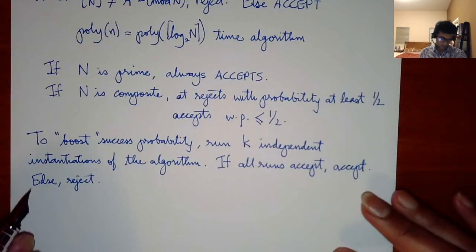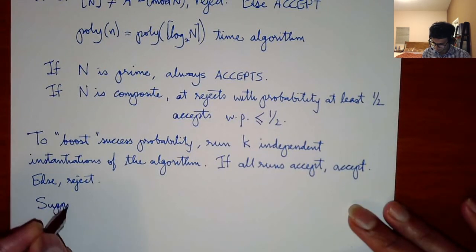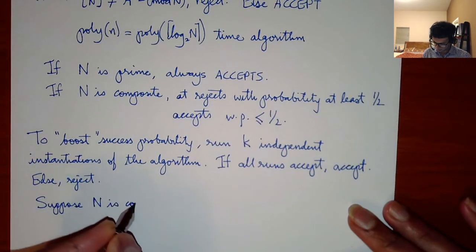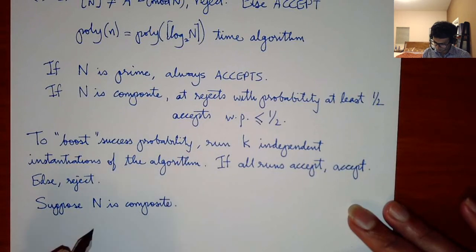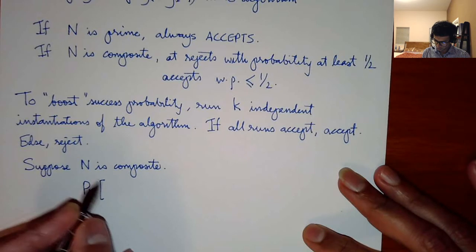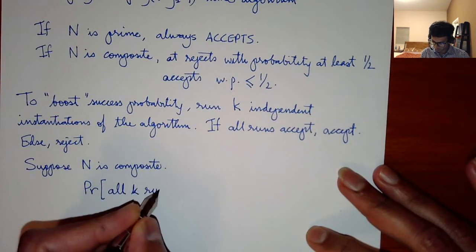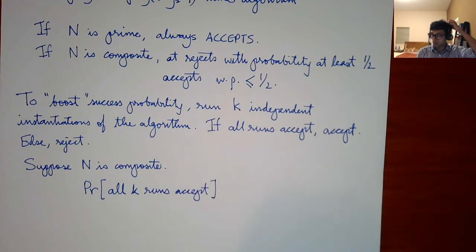So let me write this as, suppose n is composite. So this is the probability that all k runs accept. So what is this probability at most?